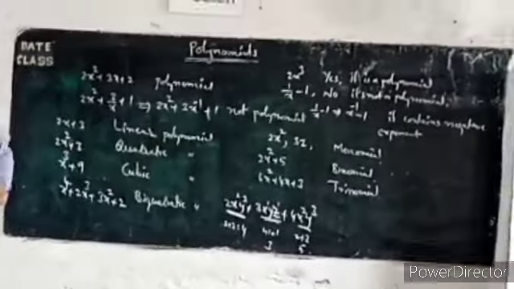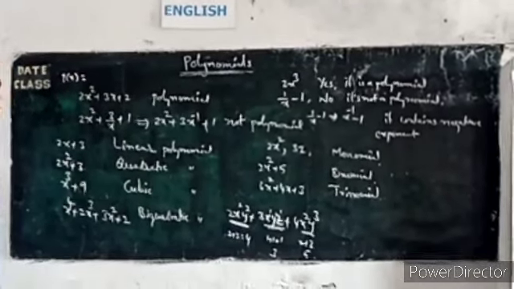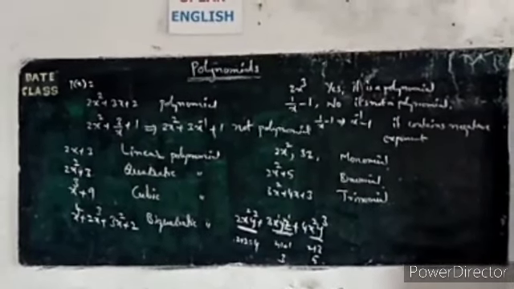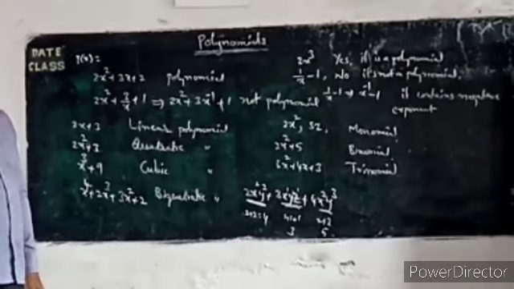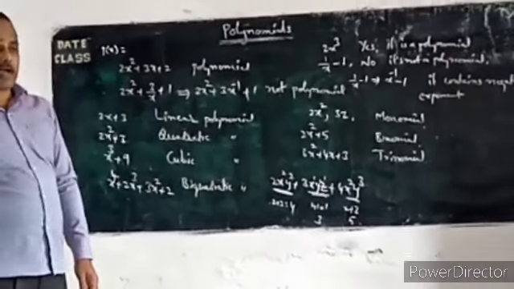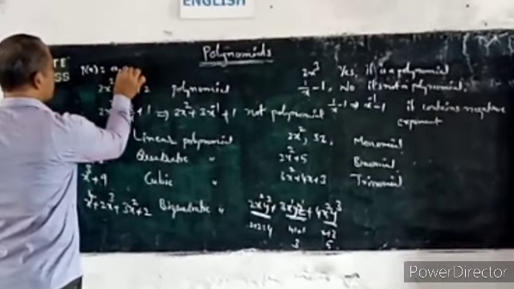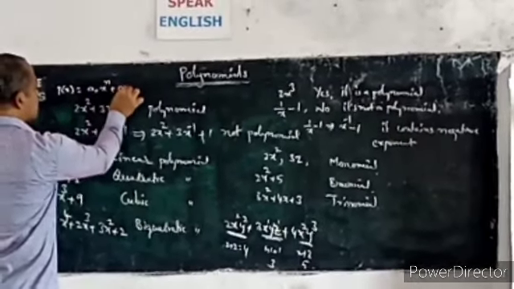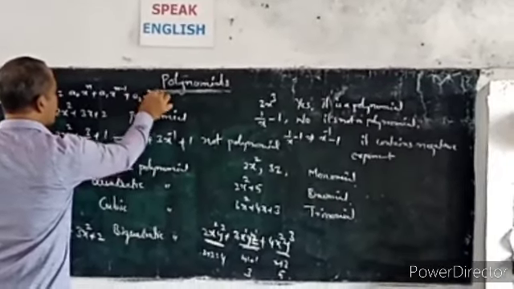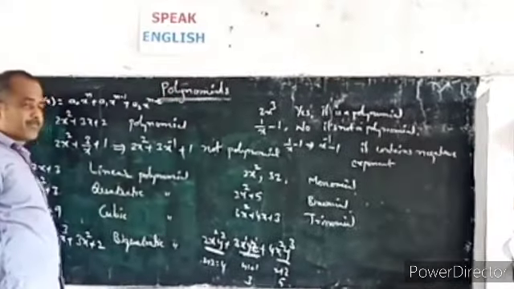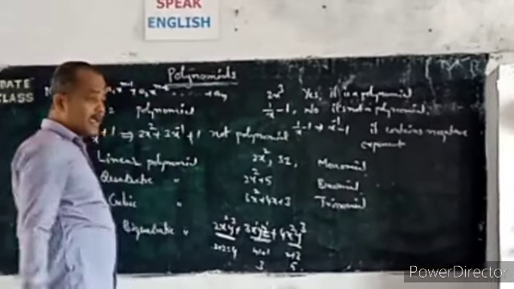Next, the general form of the polynomial in terms of x is given. Here a0, a1, a2 are all constants, the coefficients. a0 x power n plus a1 x power n minus 1 plus a2 x power n minus 2, up to an.